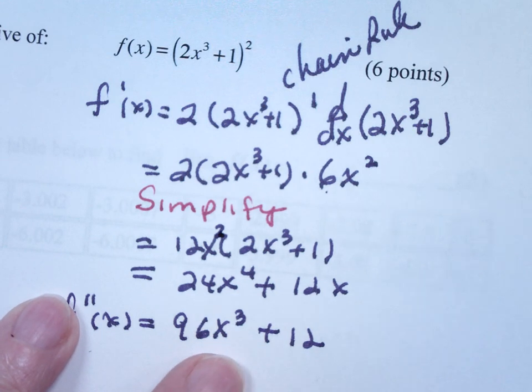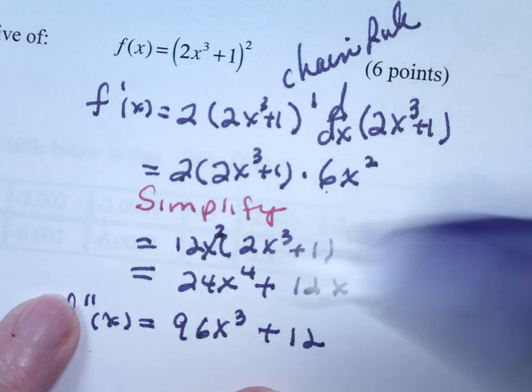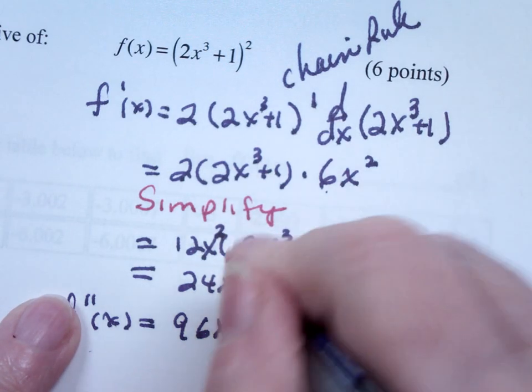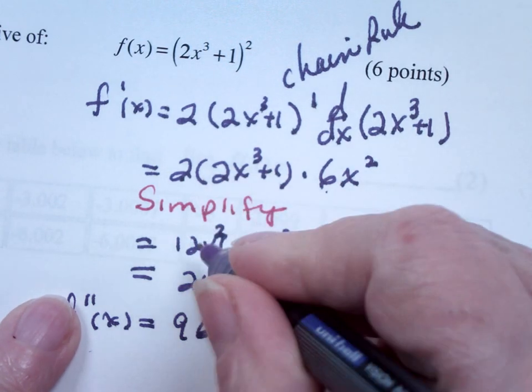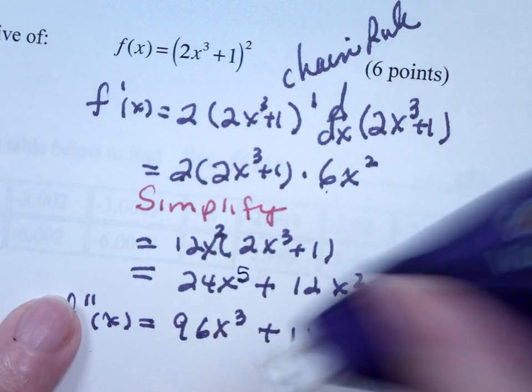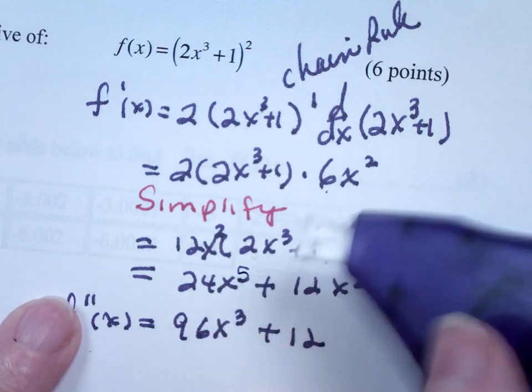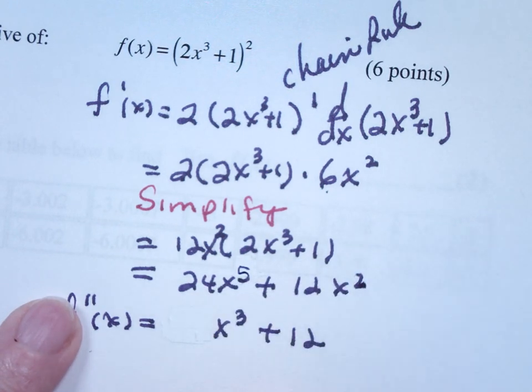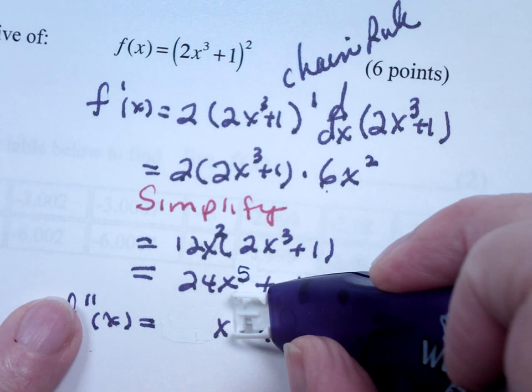So that would be a square. That makes this to the 5th power. And then this would be a square. That makes this guy, that's a bigger number, dang it. And that's now to the 4th.